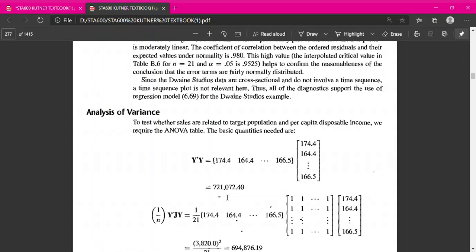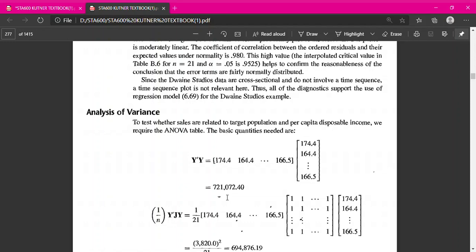Kalau you tengok dekat page 237, we have the data of about sales dan juga number of person age 16 or younger dan juga income. Okay, so X1 you adalah number of person age 16 and X2 adalah personal income.